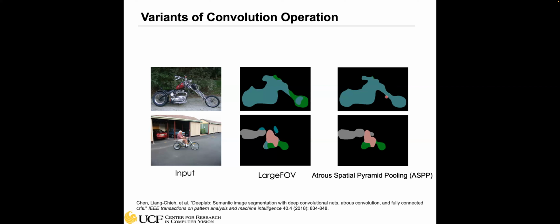Because if you look at this motorcycle here, this is a pretty narrow region, so you can easily mistake it for some background object, like mixed with the background trees. But if you use this kind of multi-scale approach with different dilation rates, you are able to model multi-scale information to generate better segmentation results.